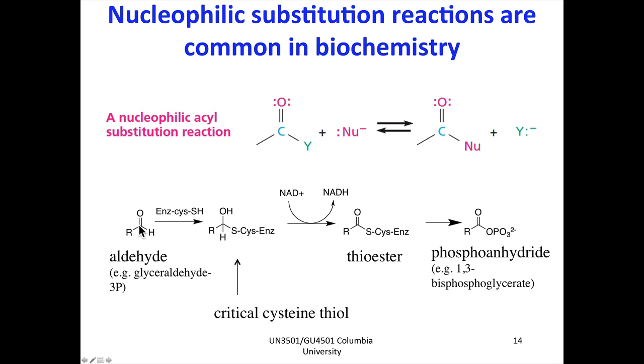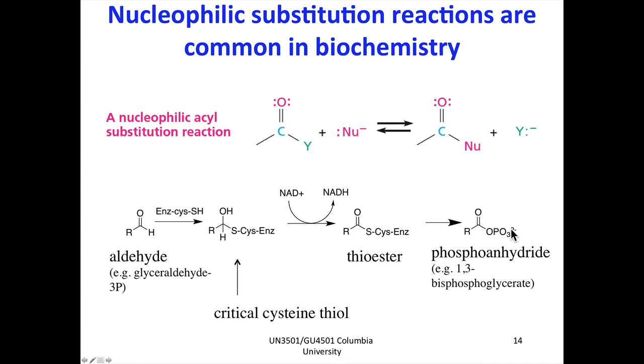Before it was an aldehyde. Now it's a thioester. We've actually oxidized that carbon to the level of a thioester, and now inorganic phosphate can attack and do the nucleophilic substitution reaction by replacing the enzyme thiol. Those are about energetically equivalent, and we end up with the phosphoanhydride.